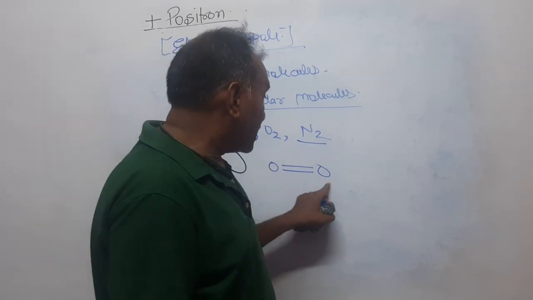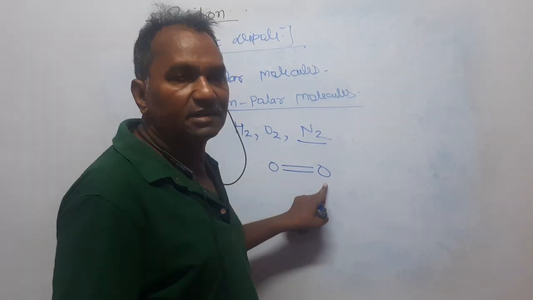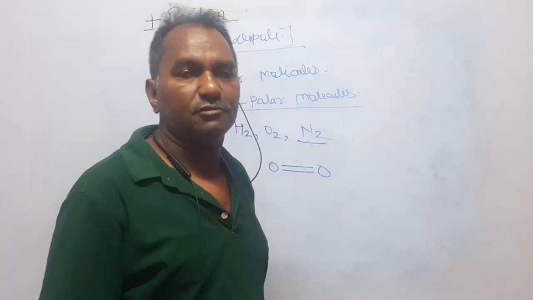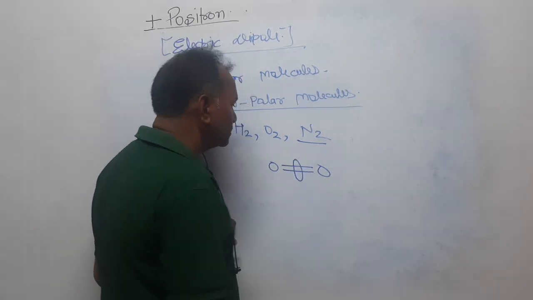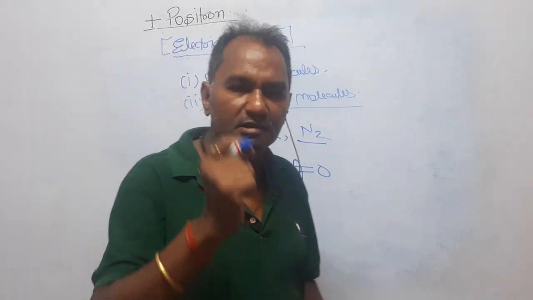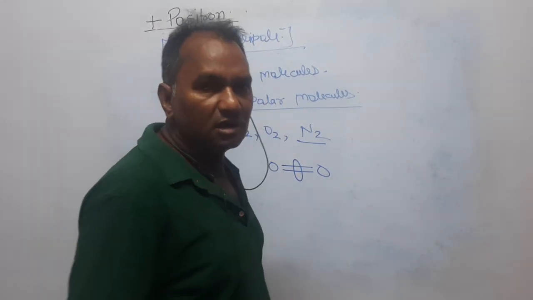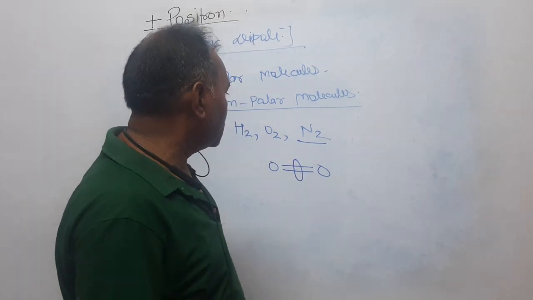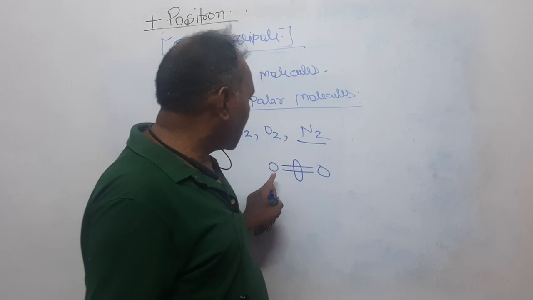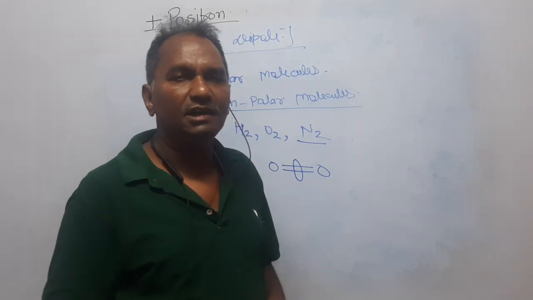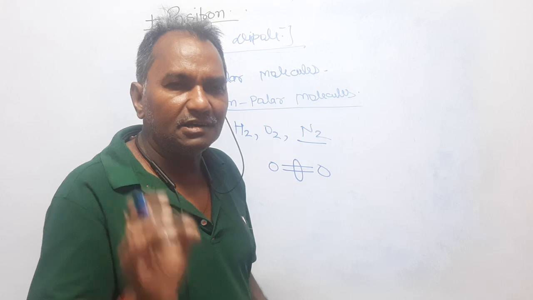But on both sides of the bond there is the same oxygen atom, the same electronegative atom, so the shared electrons will reside just at the middle of the O=O bond, and that is why no atom attains any polarity or any charge.